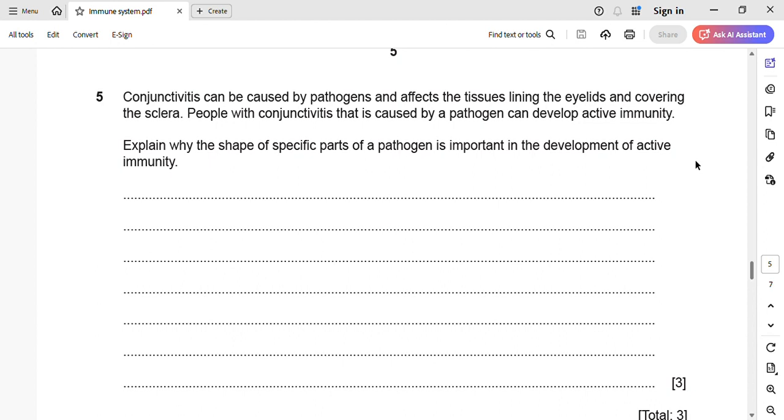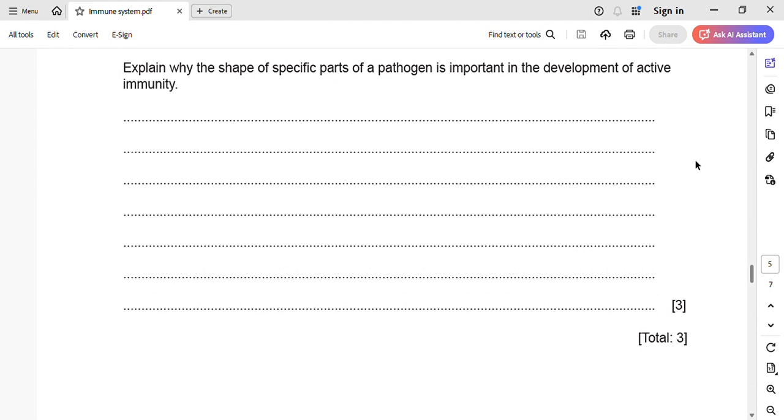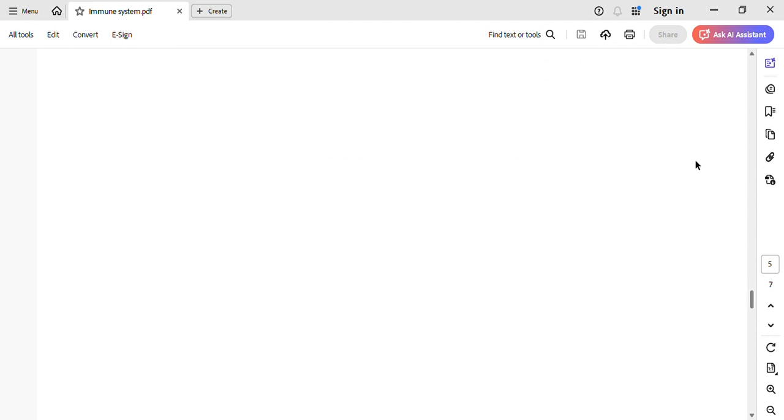Here we need to discuss antigens and why the shape is specific, because that shape ultimately activates those lymphocytes that recognize it, and then antibodies will be formed. So we need to explain this in the answer, right?